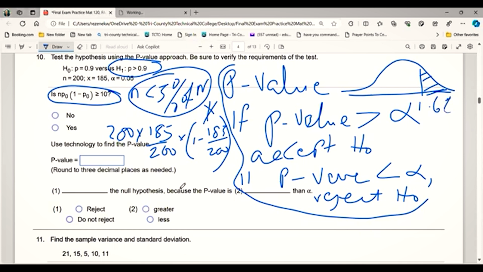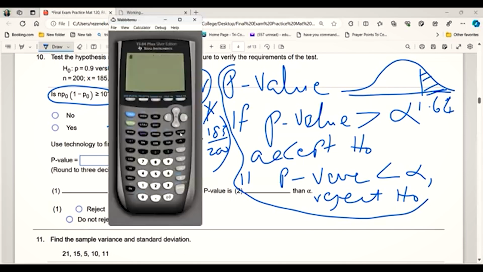Now we want to do the hypothesis test with our calculator. Trust me, you don't really have time to do them by hand, unless you're told to do it by hand. So I go to stats, go to test, and I am doing hypothesis testing for P.